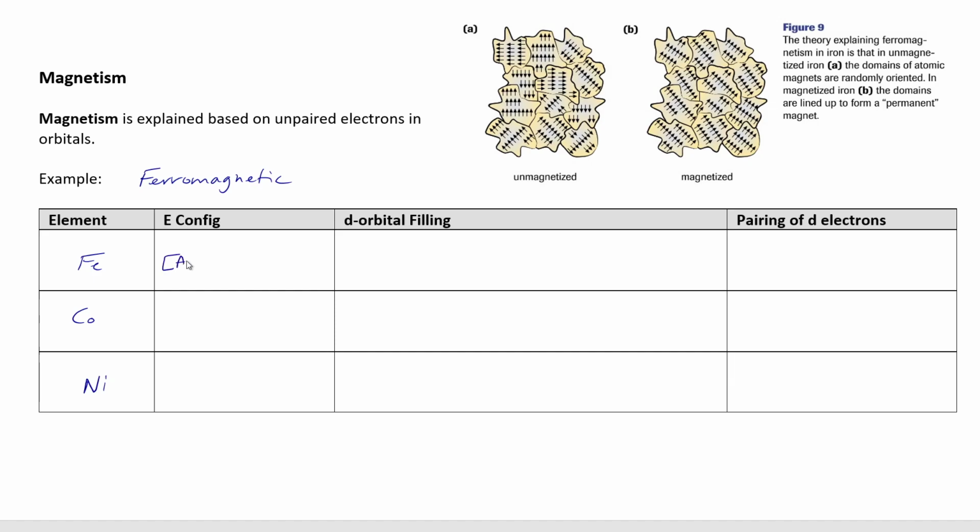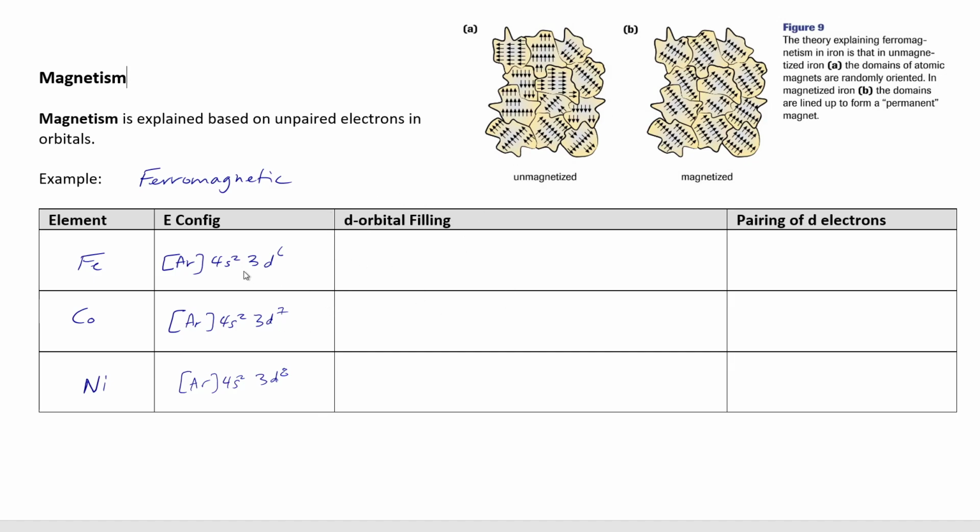Iron has argon, and then 4s2 3d6. Cobalt is argon 4s2 3d7. And then nickel is argon 4s2 3d8.